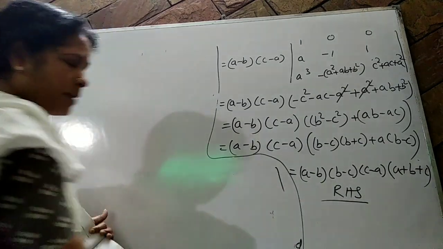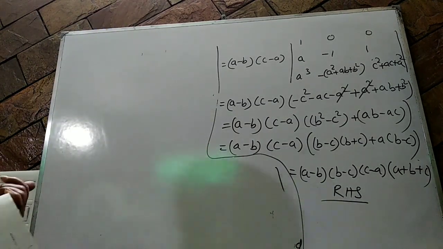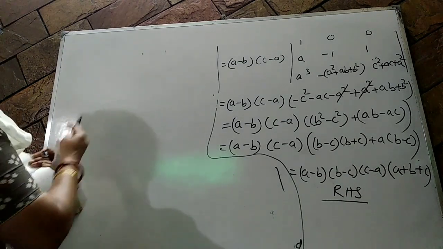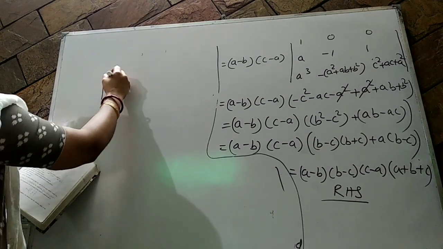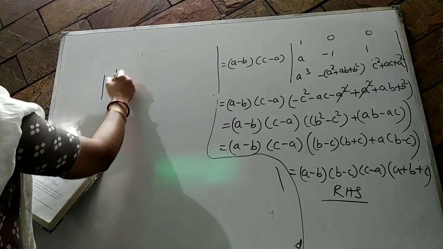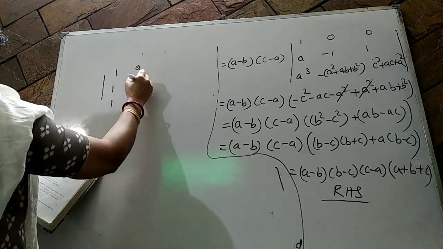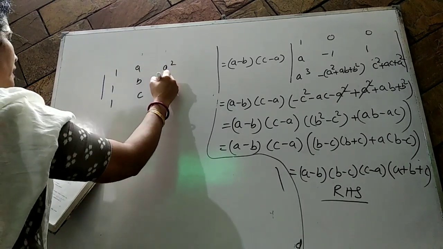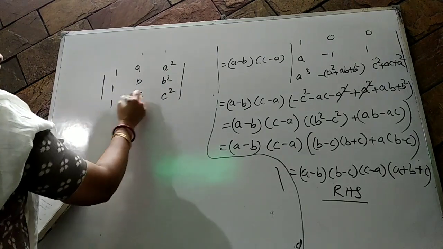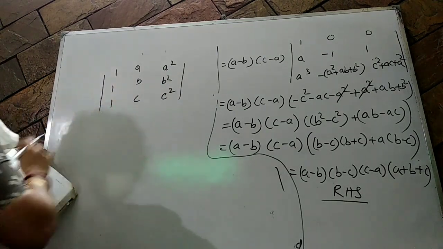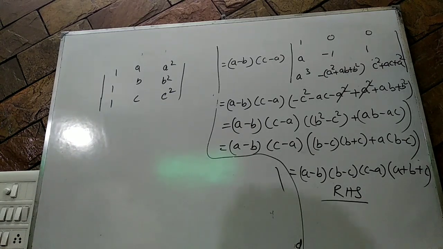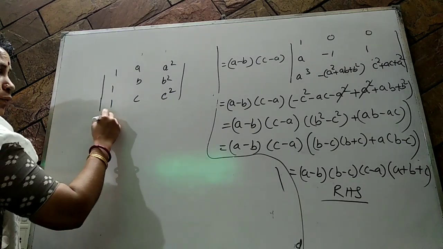Now, beta, this first part, I told you was homework. Even then, let me explain how to do it. That is the determinant 1, A, B, C, then A square, B square, C square. Here what operation can you do?